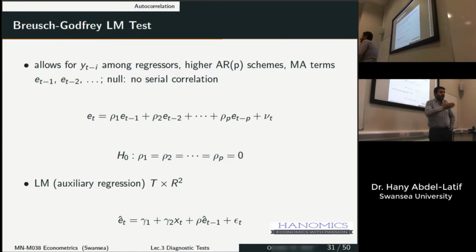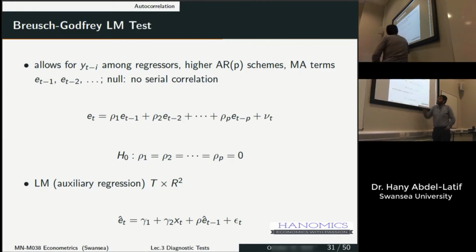That means you can have more than one lag. So the error in time t depends on the error in time t minus 1, time t minus 2, and you can go back as far as you think is important. Let's say you think the error is serially correlated with what happened in the past, in t minus 1, t minus 2, whatever, say 5 lags, you can go back 5 lags.